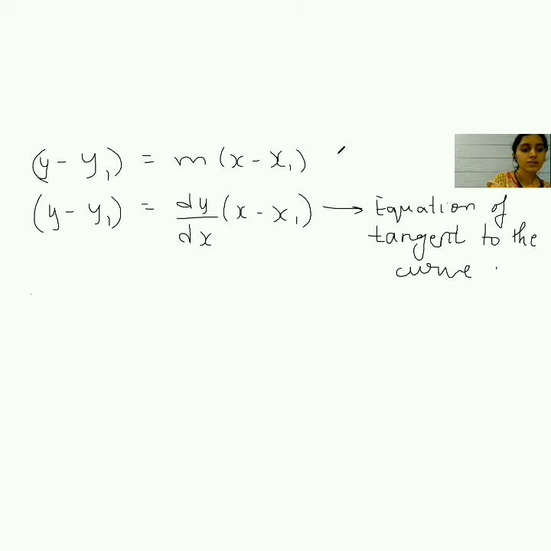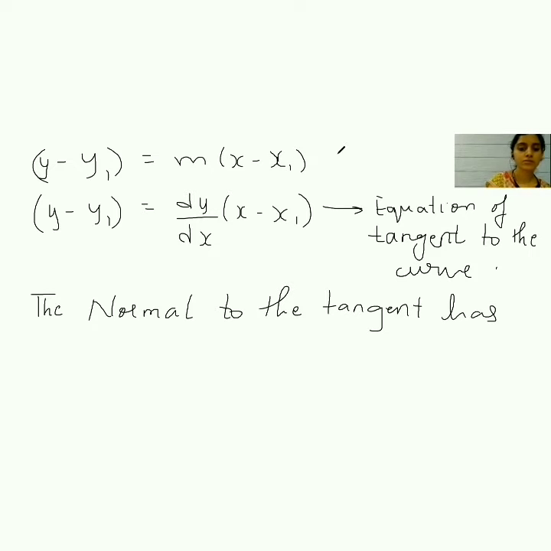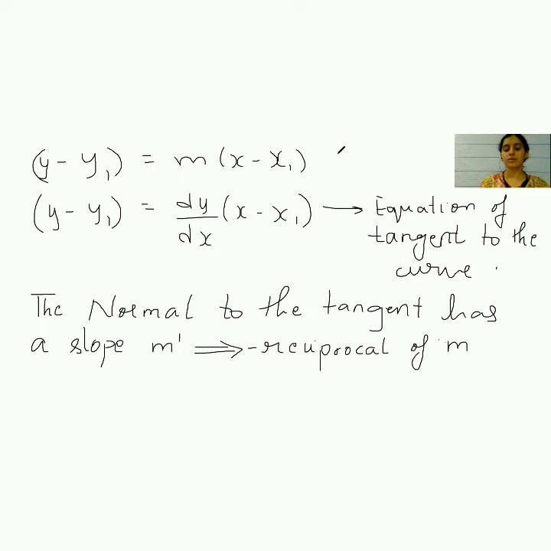We can say the normal to the tangent has a slope m dash, which is the reciprocal of m, or you can say the negative reciprocal of m.